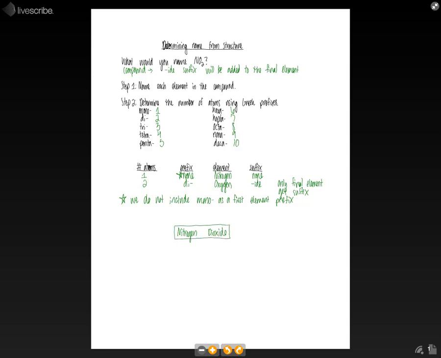It is not going to be mononitrogen dioxide, and that's just like what we just went over, because we do not include mono if it's for the first element. But if there were more than 1 atom in our first element, we would use the Greek prefixes.